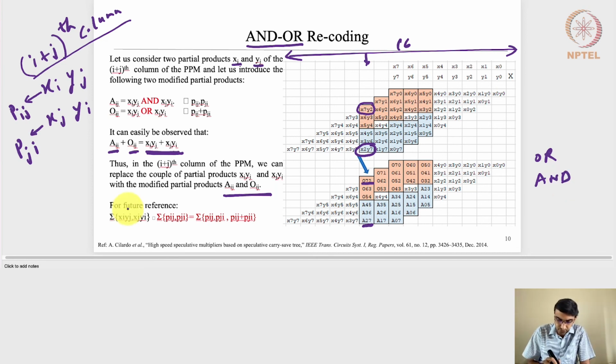For future reference, xi yj is nothing but the partial product, and if it has to be summed with that of xj yi, it is nothing but the partial product summation, which will be the AND operation and the OR operation. The output of the OR and the output of the AND have to be added together.